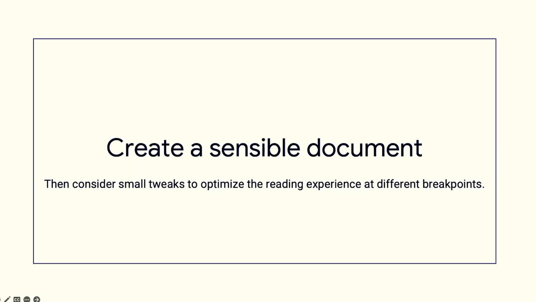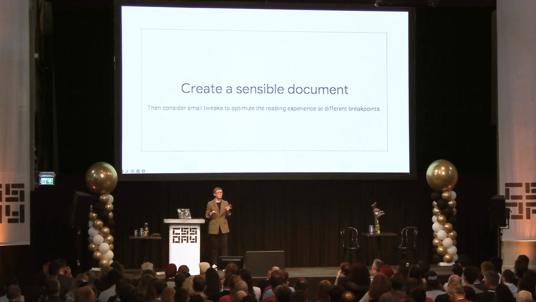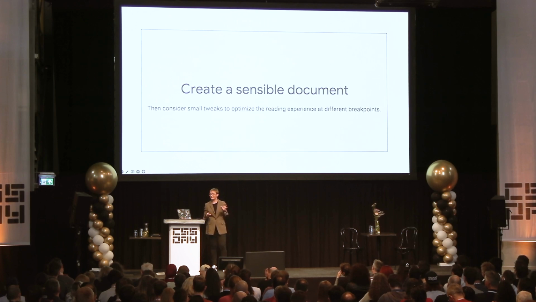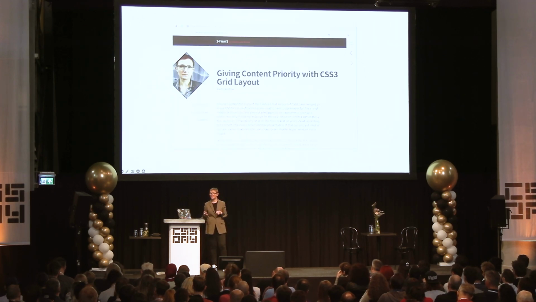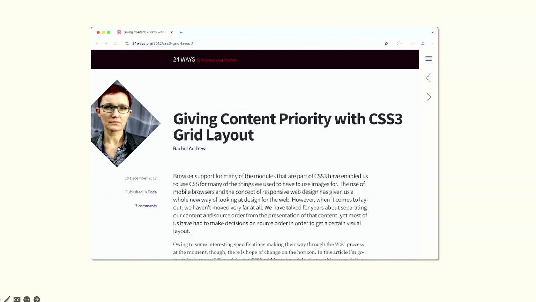We'll create a solid document, and then we'll do small tweaks for different breakpoints and what have you, and we'll use reading order items to do those tweaks and make sure they work well for everybody. Let you shift an item or two out of the source order in order to prioritize it. Which brings us right back to that 2012 article that I mentioned at the start of the talk. That was an approach I had to backpedal from.